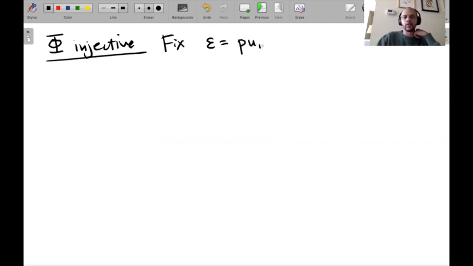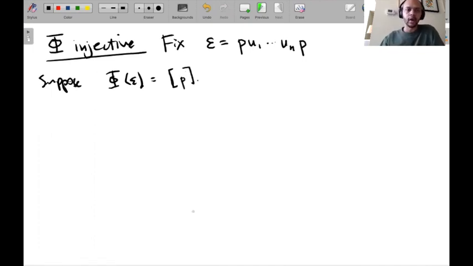So let's write it P, U1, through U_n, P. And suppose phi of epsilon is 1, the identity element, which you could write as the constant path P. So this is in pi 1 of the geometric realization. That is to say, phi of epsilon is homotopic to a constant.